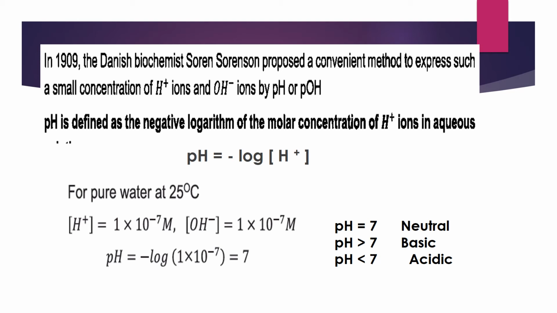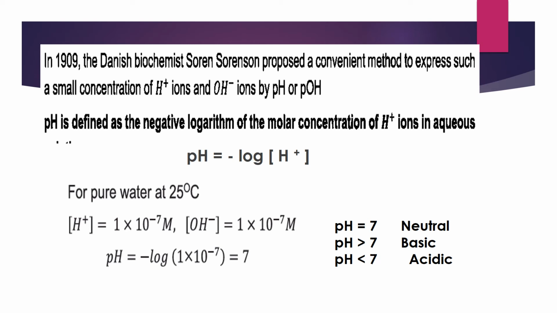In the same way, when we take the negative logarithm of the hydroxide ion concentration, it equals the pOH of the solution. For pure water at 25 degrees centigrade, the concentration of hydrogen ions and hydroxide ions is 1 into 10 raised to the power minus 7 molar. So when we calculate the negative log of this value, it equals 7.